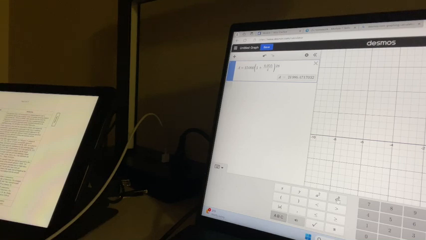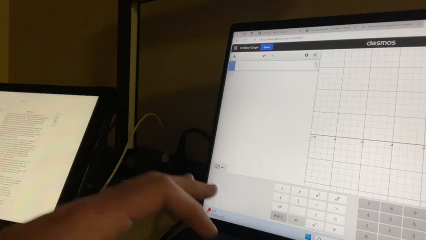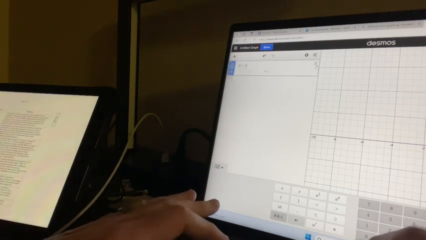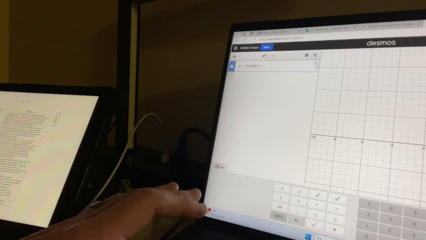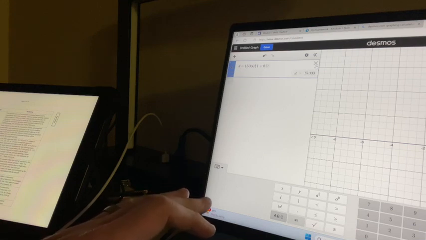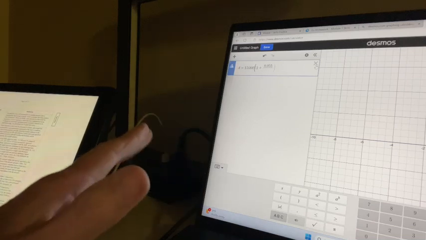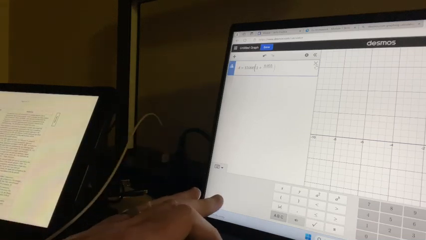Let's do it one more time. Let's do it monthly. You can get a feel for it. So A equals 15,000 times the amount 1 plus R over N. Remember, our rate is 0.055 over our compounding period. This time is going to be monthly, so 12.